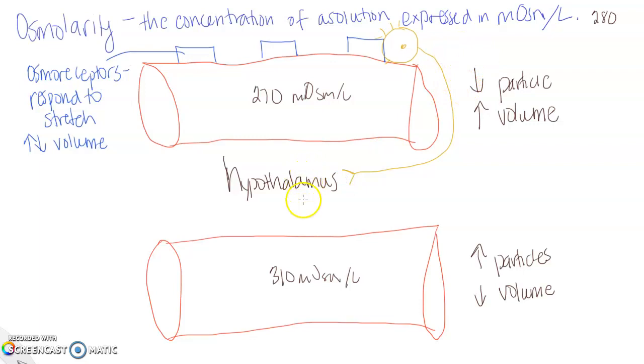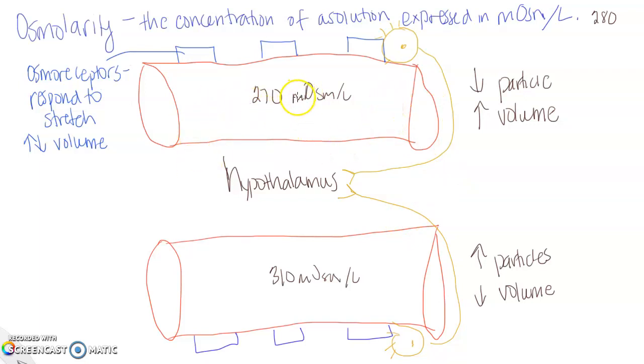Now down here, this is the same vessel, so of course we're going to put these little osmoreceptors on them, and they too will have a sensory nerve that comes back here. And this nerve will alert the hypothalamus to the condition of the blood, the osmolarity, based on that stretch.